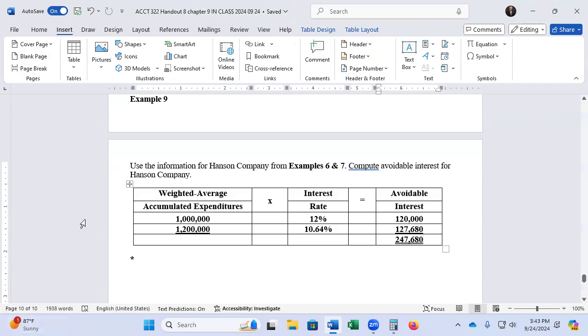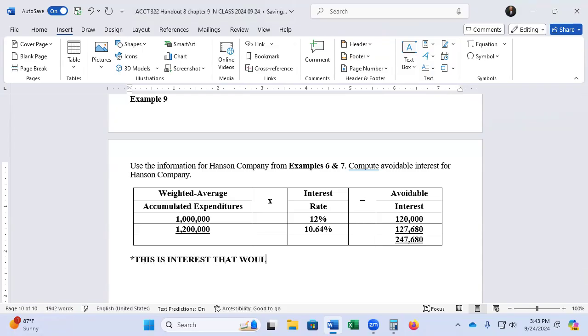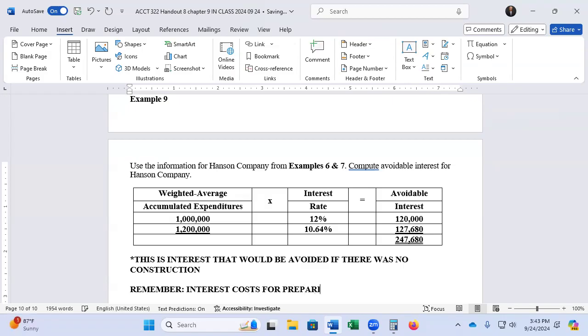And then just a little reminder, this is interest that would be avoided if there was no construction. And remember, interest costs for preparing land for a building get charged to the building.